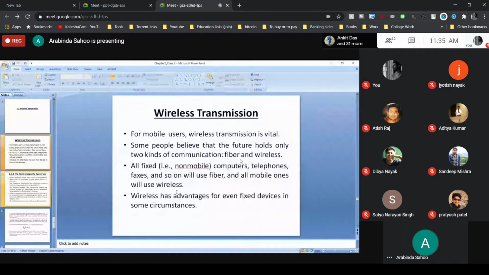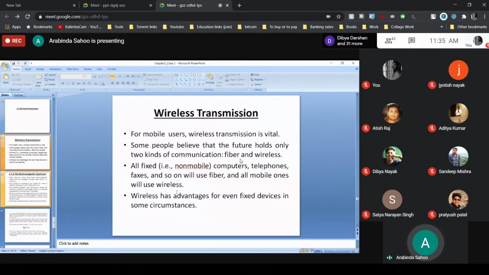That doesn't mean that only mobile devices need wireless transmission. Sometimes some fixed computing devices also need it, to interconnect different devices though they are fixed. It is also required to communicate with the help of wireless transmission.